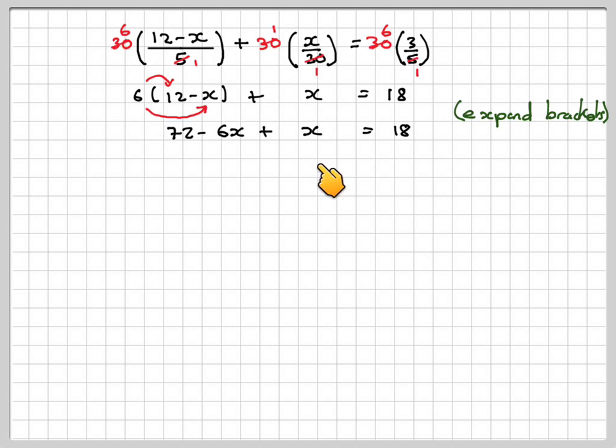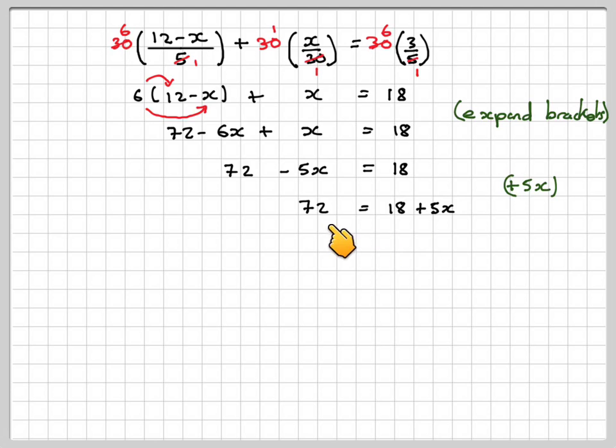Now minus 6X plus X makes minus 5x, and that's still equal to 18. We're going to make that positive by first adding 5x to both sides of the equation. So this side will just become 72, and this side will become 18 plus 5x.